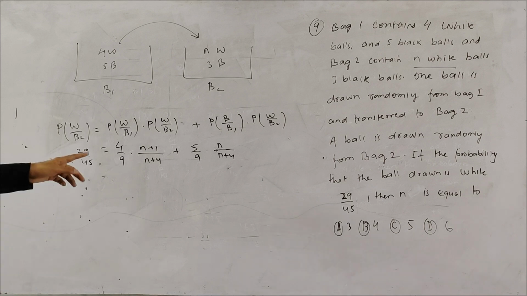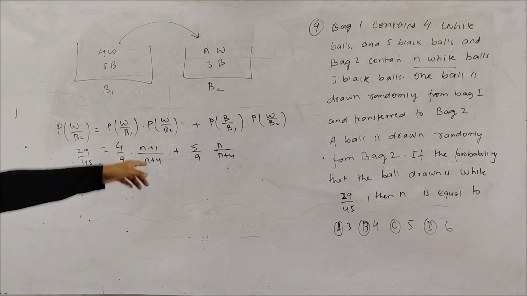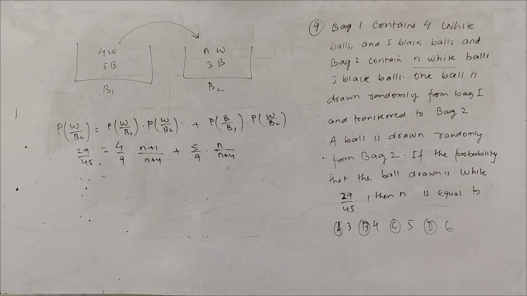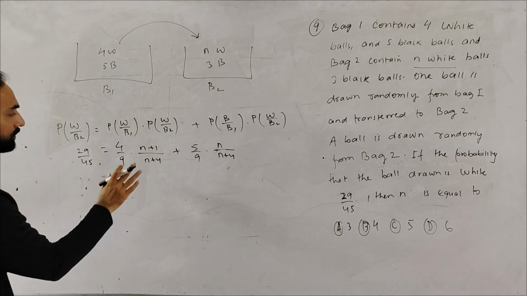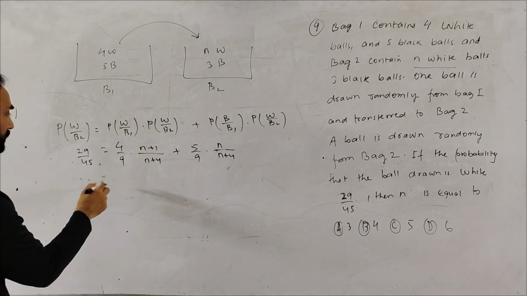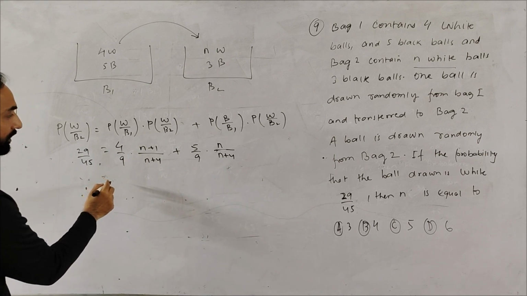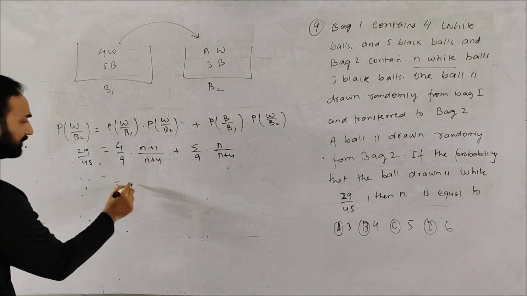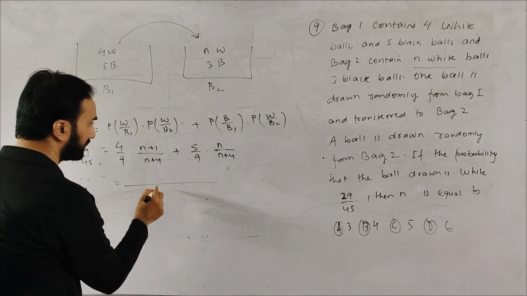So 4/9 into (n plus 1) over (n plus 4), plus 5/9 into n over (n plus 4). Solve it for the value of n. I am doing a very simple calculation.